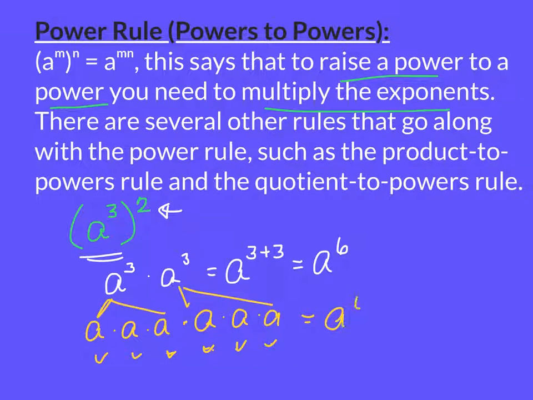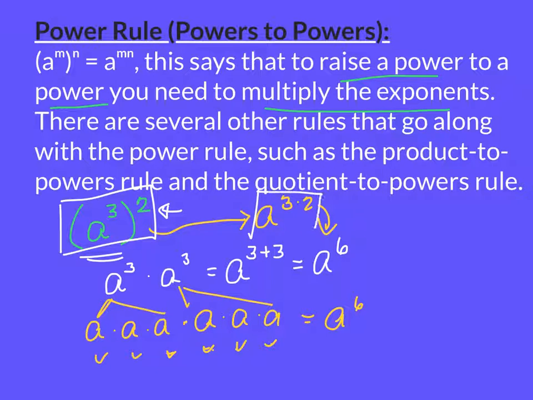So that's a to the sixth. Now we know if we took a to the 3 times 2, that in fact would give us a to the sixth power. So it should be relatively easy here to see why this law exists. So that's 2 of the laws.